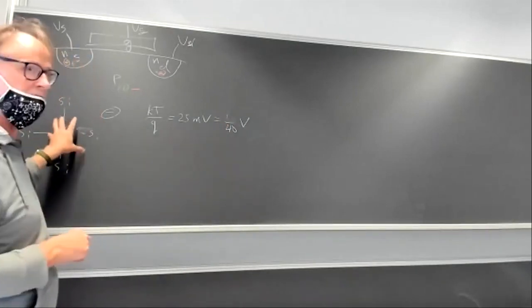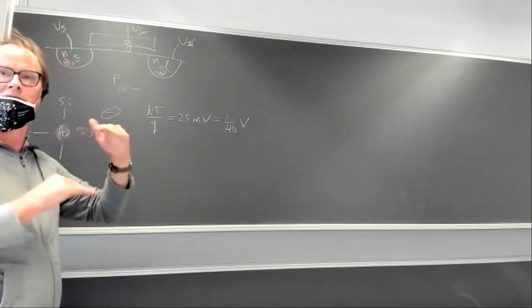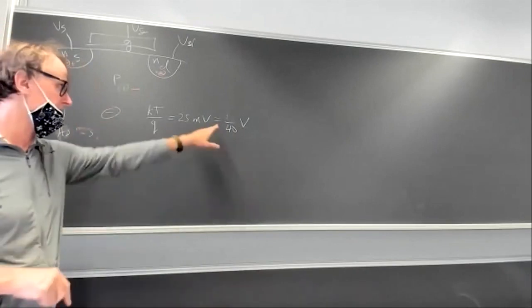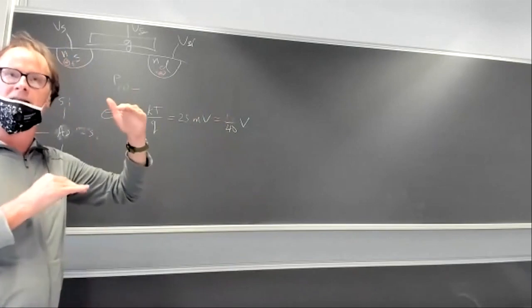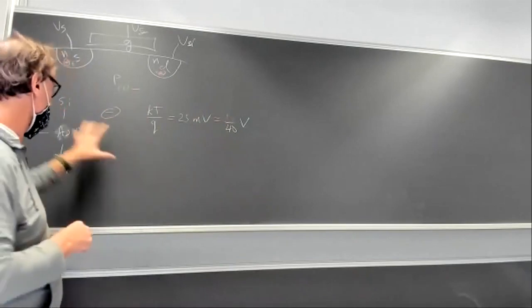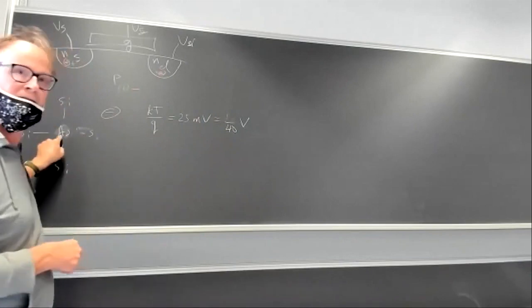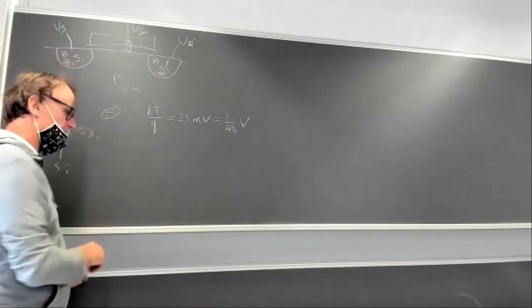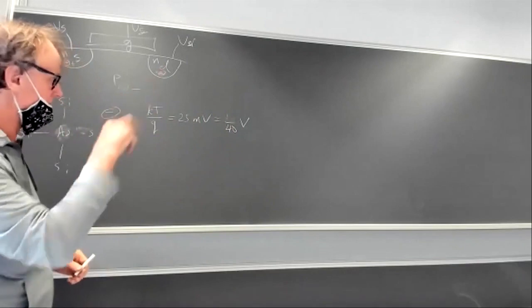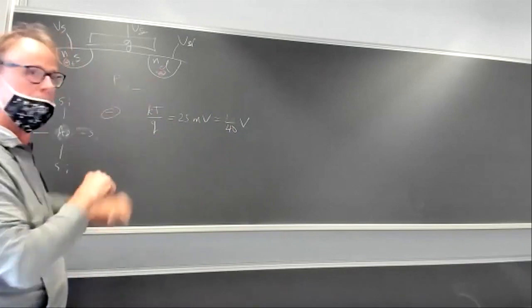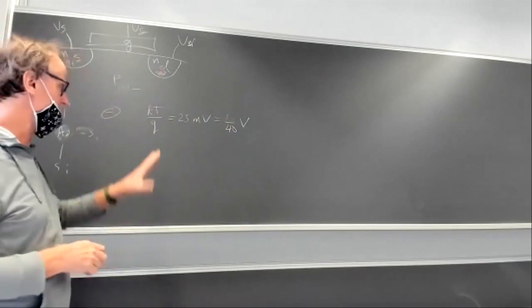And the binding energy of the electrons, the band gap, is still a volt. It's huge compared to this energy. That's why it's a semiconductor. In pure silicon you have very few particles. It's only when you dope it with arsenic or phosphorus or boron that you get P or N type material. Okay, so why am I telling you all this?